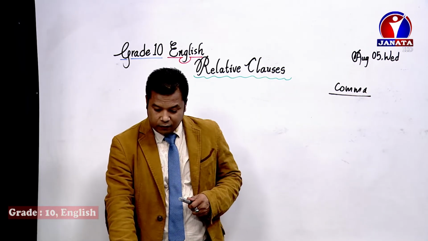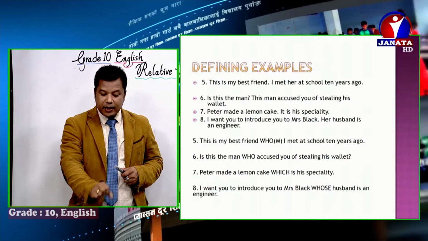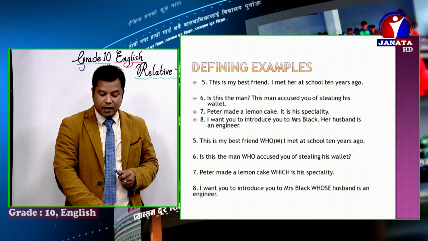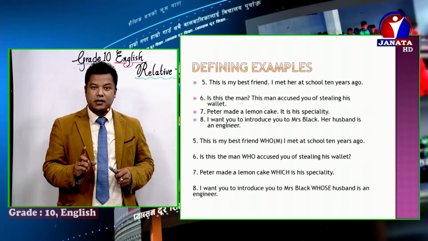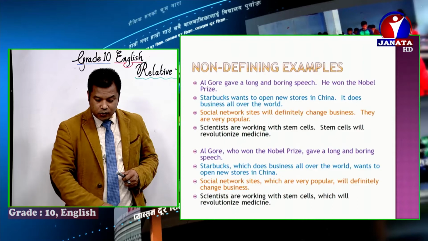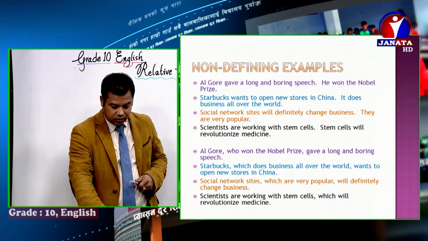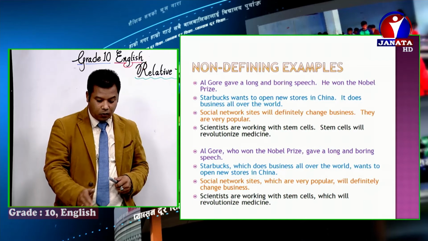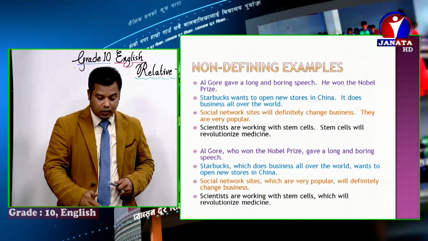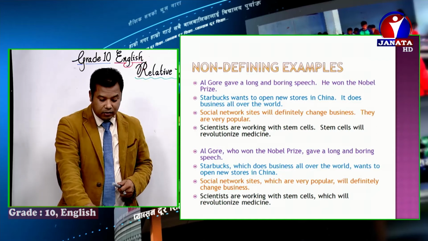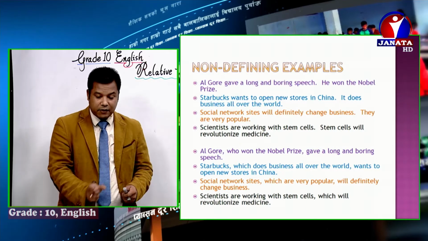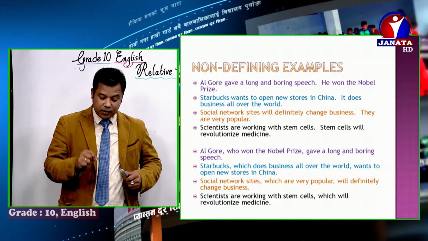See, I will flip back to the previous examples. Here in defining, there is no comma used when I merge those two sentences into one. But once I introduce non-defining examples, in all examples at the bottom, starting with the sentence from Al Gore and ending with the sentence about scientists working, you must have seen the use of comma. I have separated the clauses with a comma, though I merge them into one.